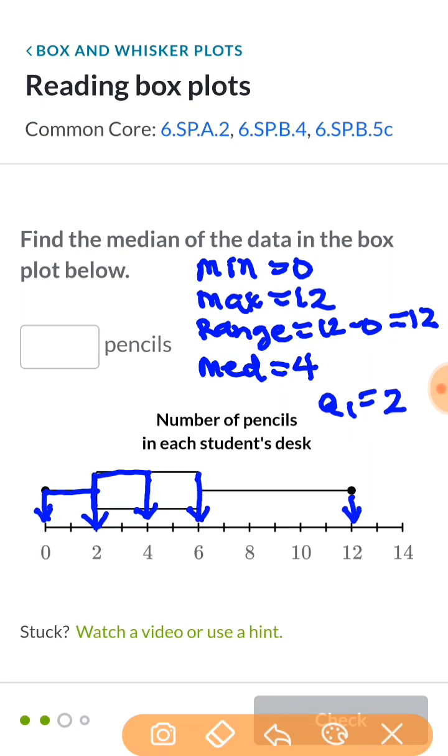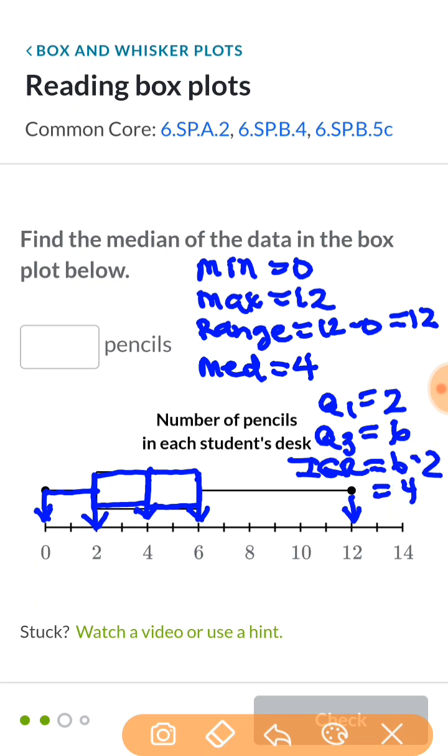So here's the second quarter. Here's the third quarter. So Q3 is at 6. And so what that means is the interquartile range is just 6 minus 2, which is 4.